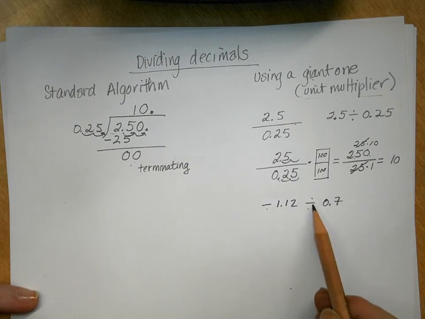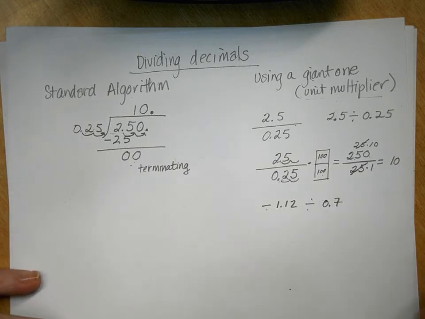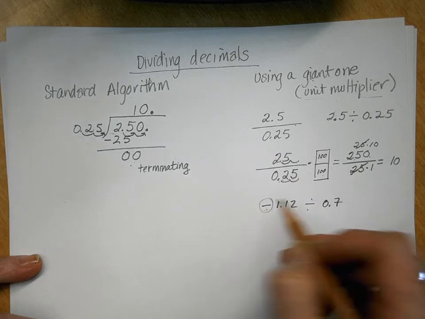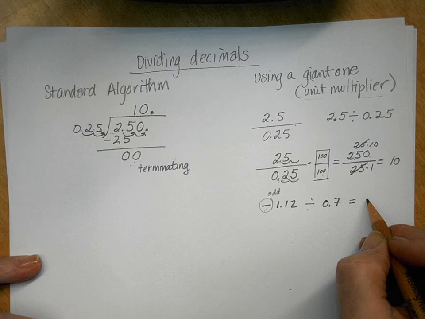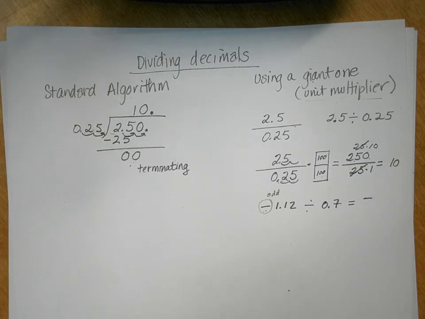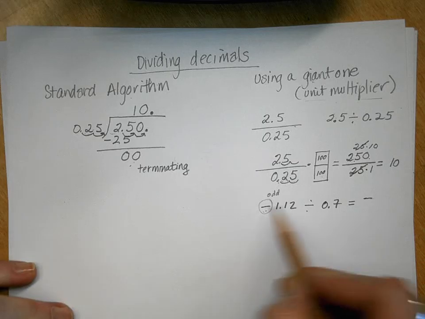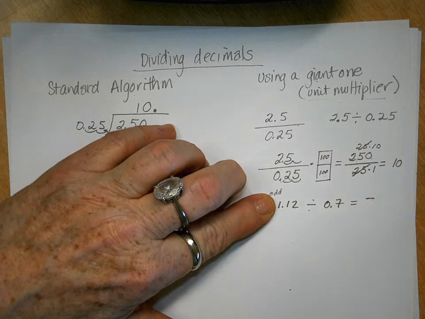So I'm multiplying or dividing, which means I'm going to count the number of negative signs that I have. I have 1. This is an odd number of negative signs, so I know that my answer will be a negative number. I put that negative there just to remind myself. Once I've done that, I know my answer is negative. I ignore this. I don't need to think about it anymore.